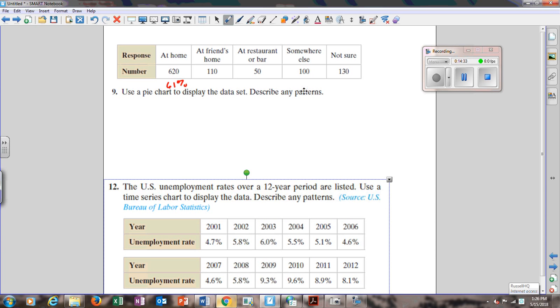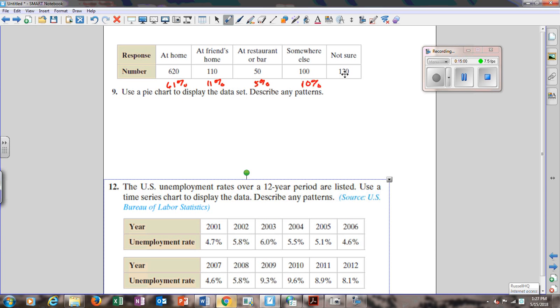You do 110 divided by 1010. Gives you about 11%. And 50 divided by 1010 gives you 0.05, so 5%. 100 divided by 1010 gives you 0.099, so about 10%.